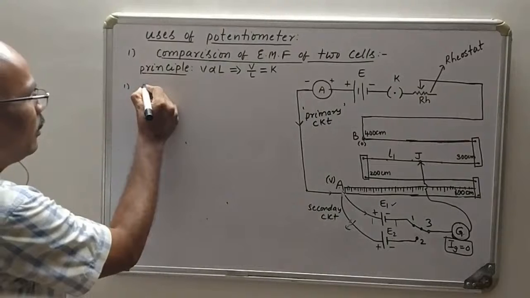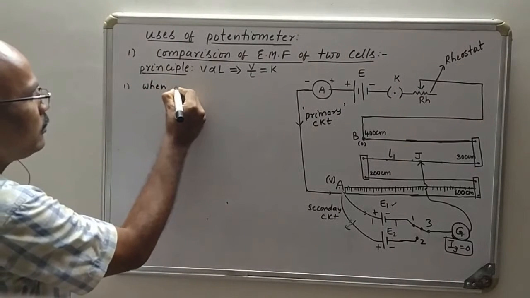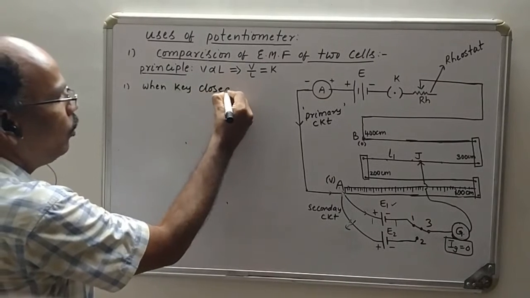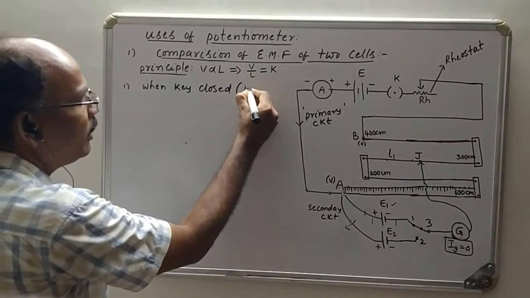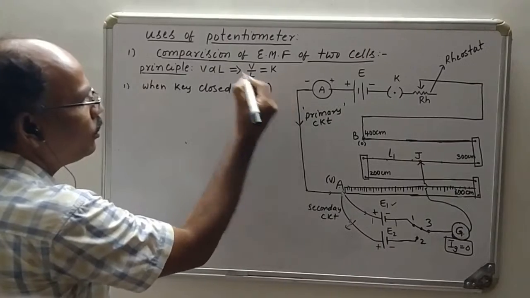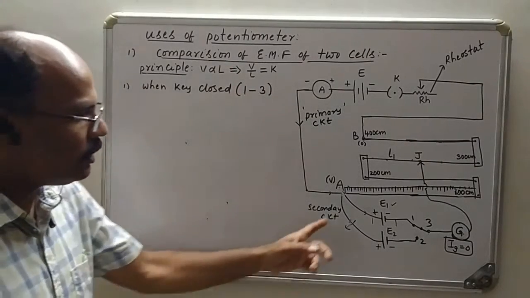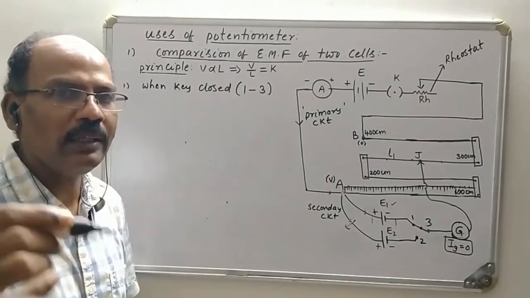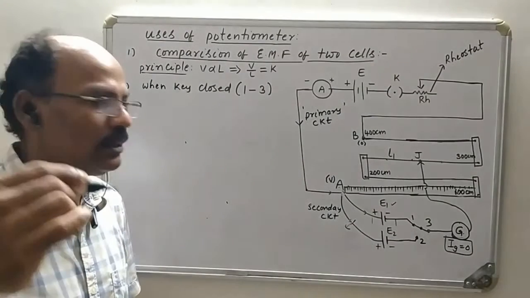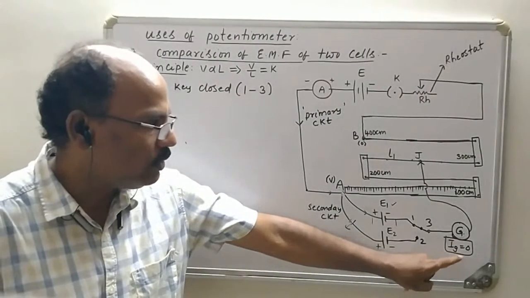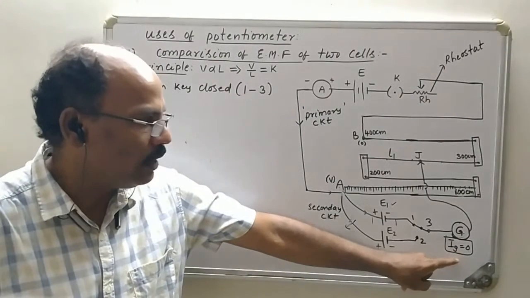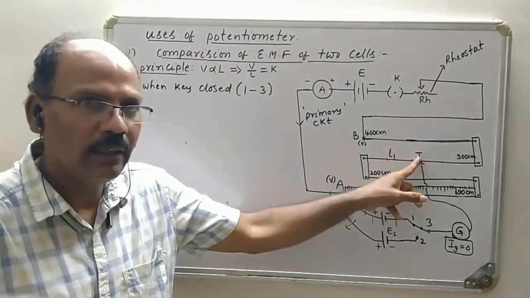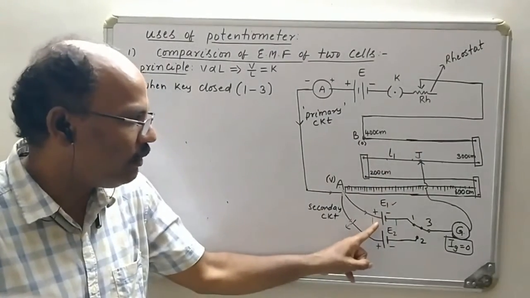Then we can write, when the key is closed, that means 1 is connected to 3, then EMF E1 is coming into the circuit, and we touch the jockey J at different points such that when it touches at J, the current passing through the galvanometer is equal to 0. This implies the potential drop across AJ is equal to the EMF E1.